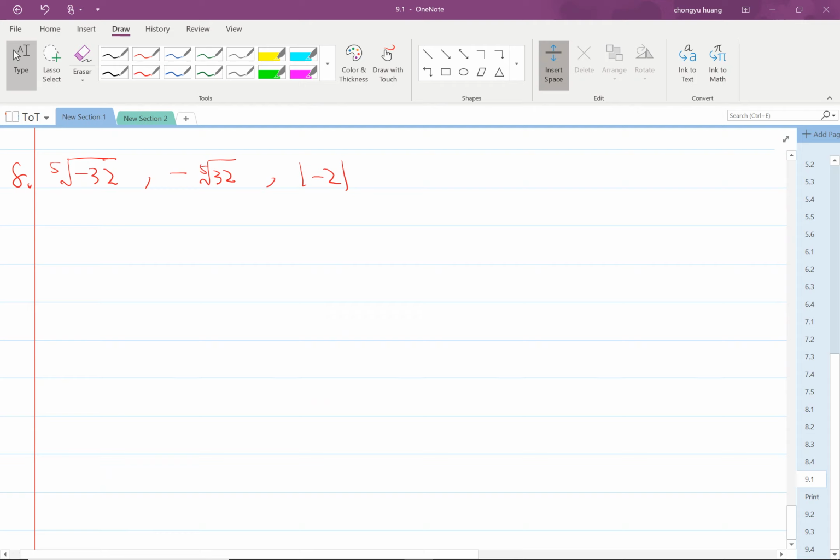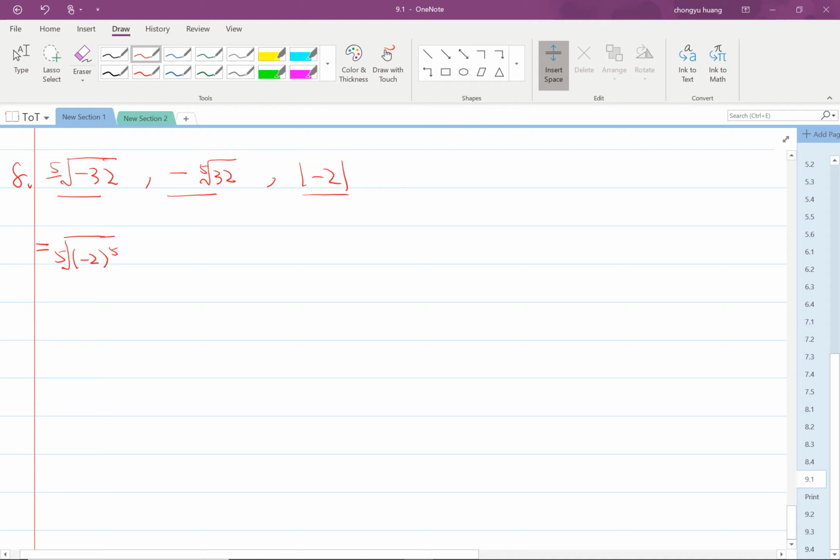As I said before, in order to make sure everything is right, you have to solve each of them one by one. Let's do the first one. We have the fifth root, so the inside will be negative 2 to the power 5.